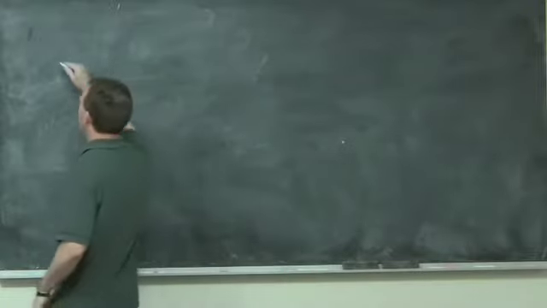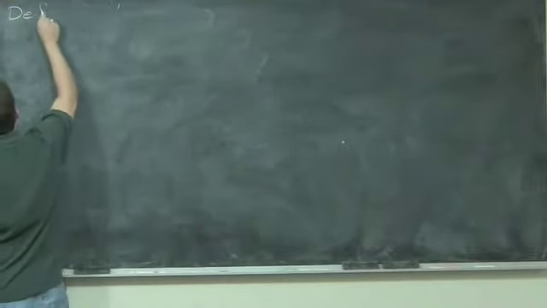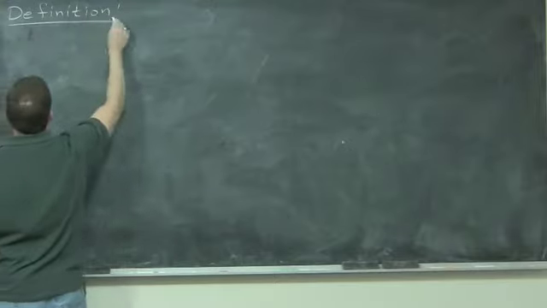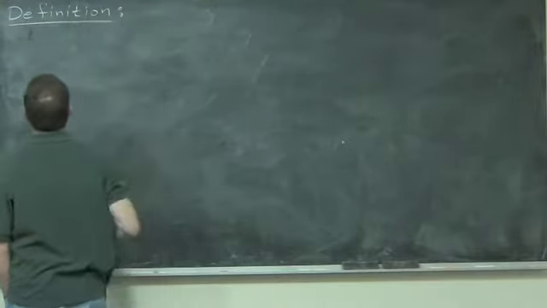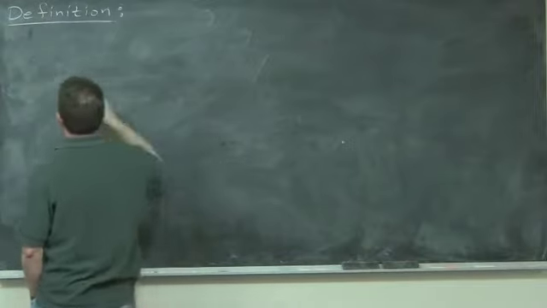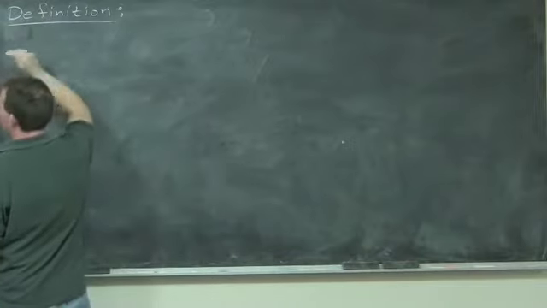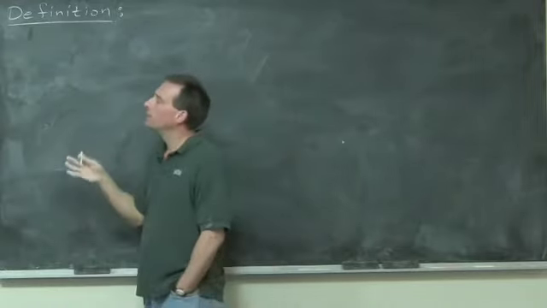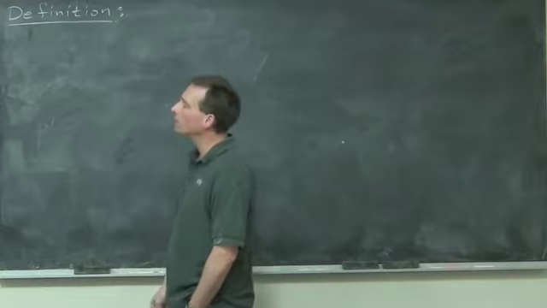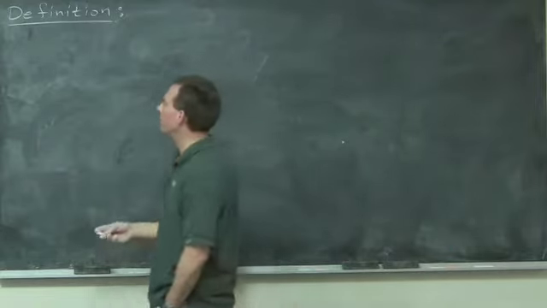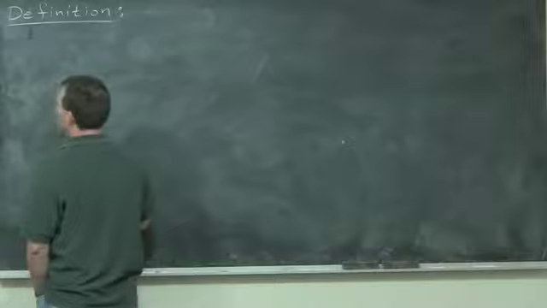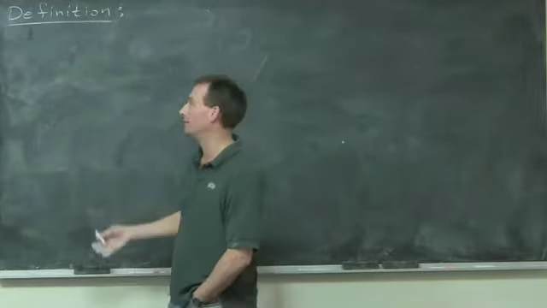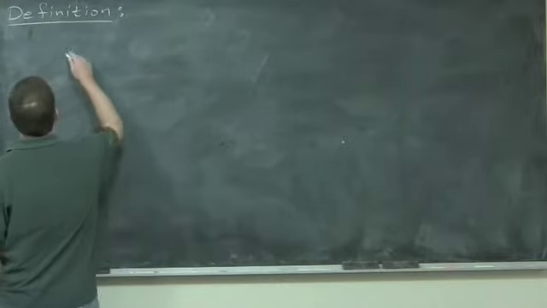And so here's our definition, the main definition in the course. Definition: if Q of h is the quotient that you get from the average rate of change, and you take the limit as h approaches 0 and the limit exists, we call that limit the instantaneous rate of change.